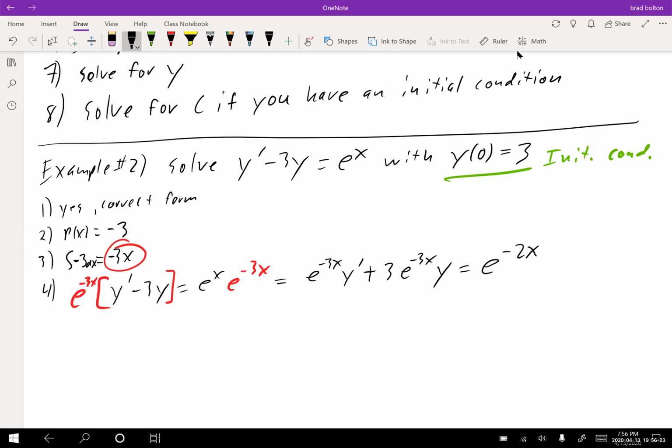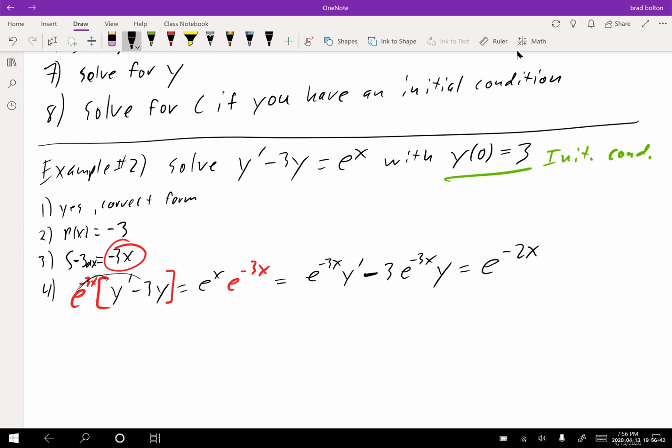That sounds right. Let me double check. Why did I get a plus sign right here? This is supposed to be a minus. Yeah, because when we distribute this, it'll stay minus. So we have that so far.